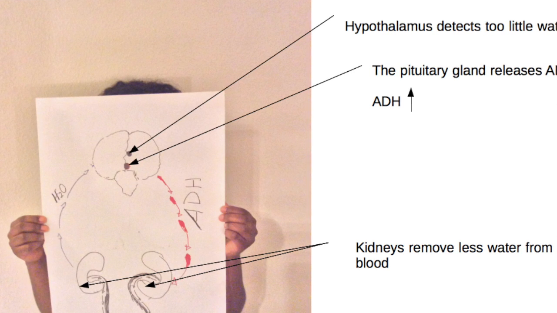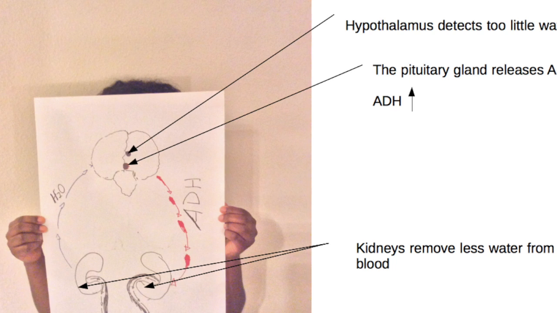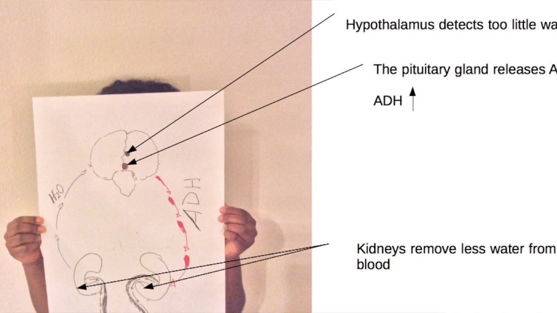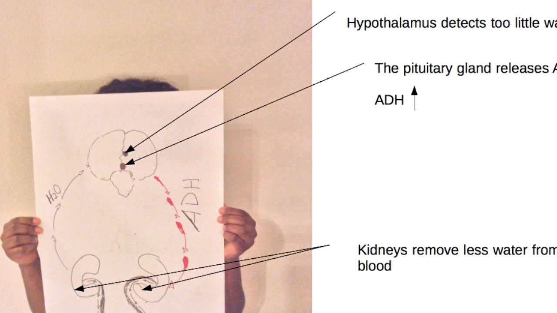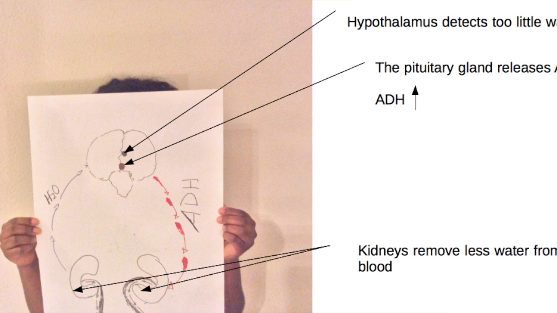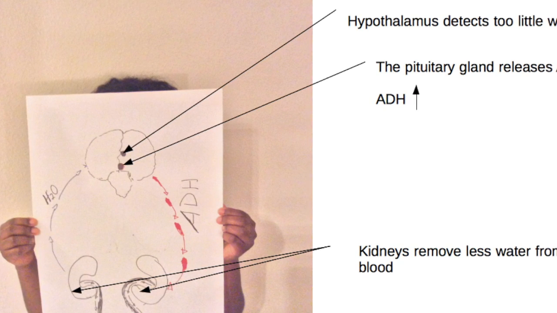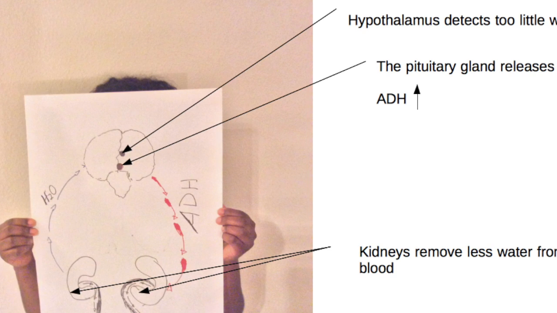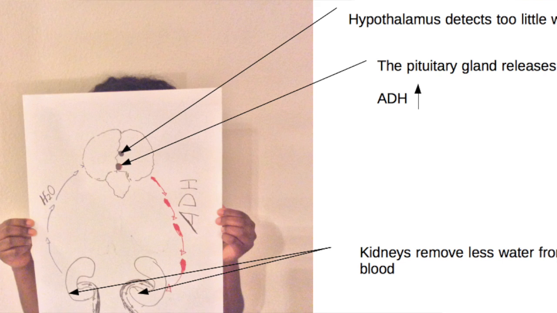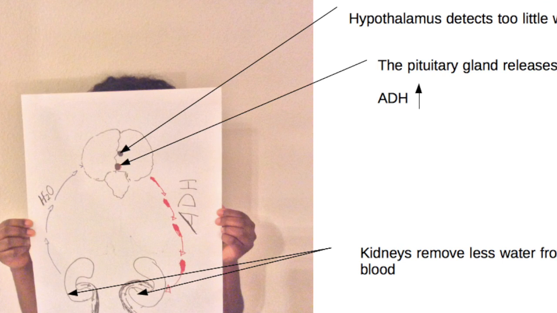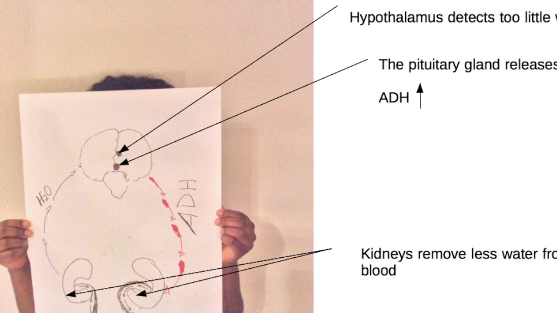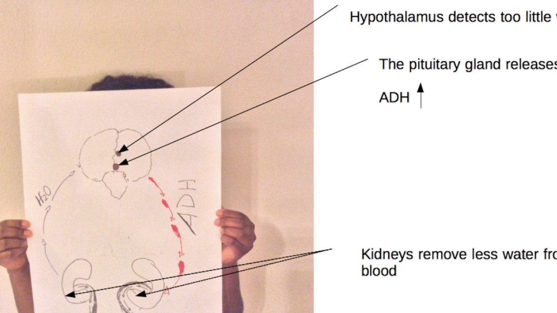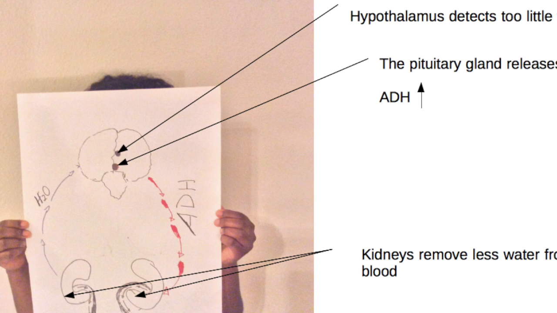Then the ADH will travel to the kidney, where more water will be reabsorbed, and the kidney will release less water. The urine will be more concentrated or less diluted, and then the water level in the blood increases until it is back to normal.